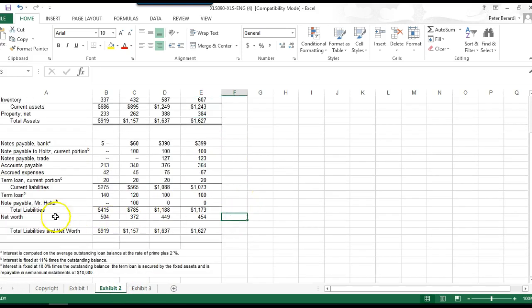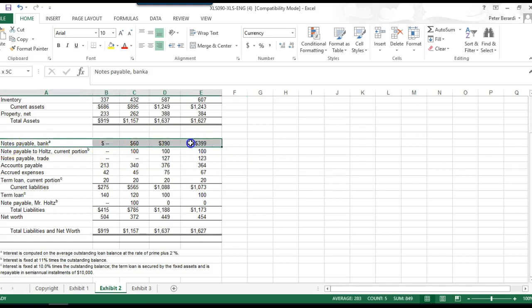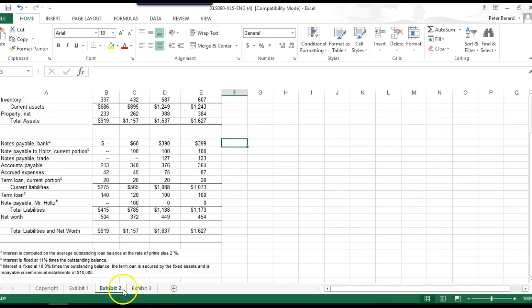Your balance sheet is not going to balance. It can't, because it's all estimates. So how you will balance it is your revolving line of credit, which is this note payable. That's going to be your plug.